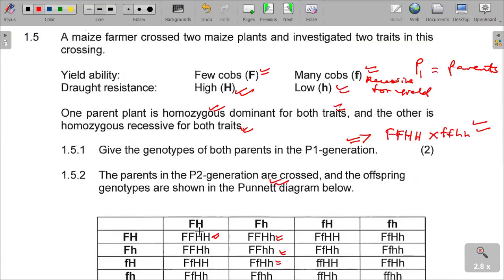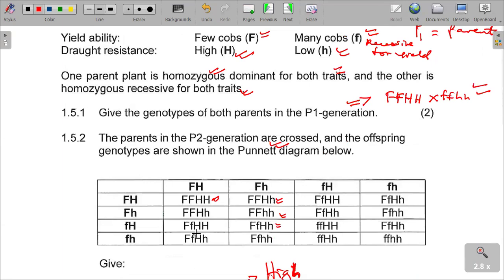Few heads and high drought resistant is supposed to be dominant F and dominant H. We have got 1, 2, 3, 4, 5, 6, 7, 8, 9, 10.